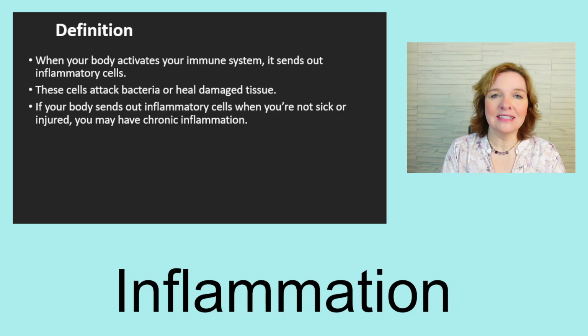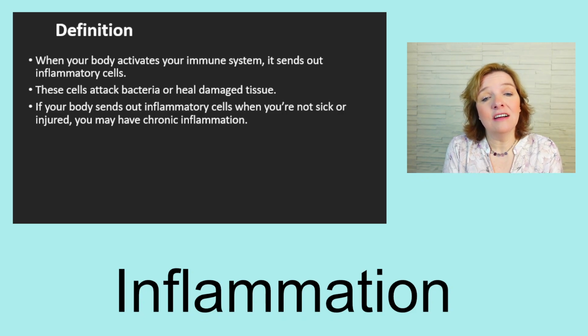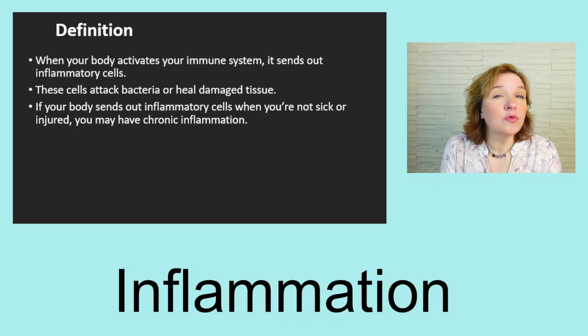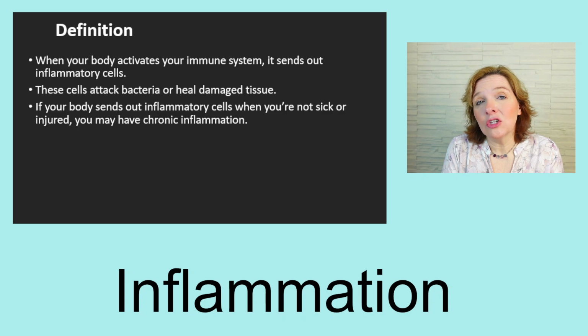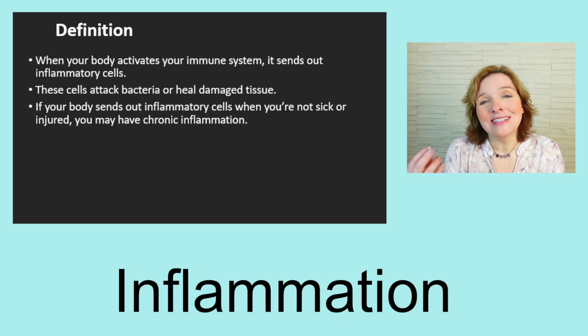And these cells can attack bacteria, damaged tissue or viruses, but things can also go wrong in the body, and many times we face chronic inflammation, when you don't have a so-called acute disease, an acute virus infection, acute bacterial infection or injury, but the body is still sending out these inflammatory cells.